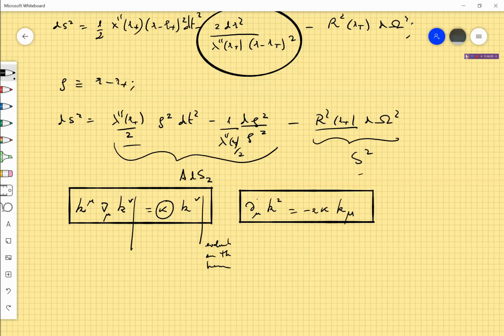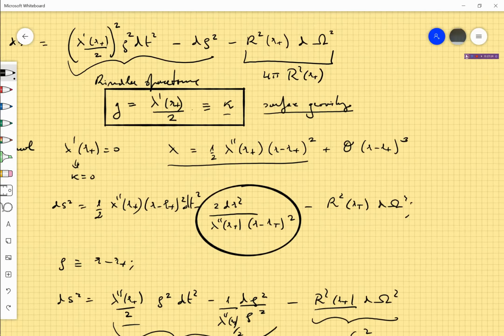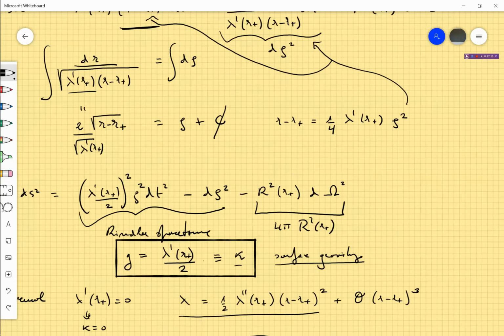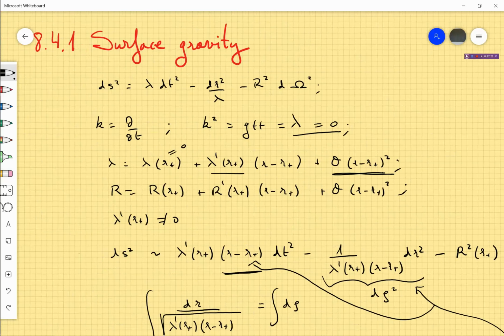Okay, in the case that we are considering k squared is just GTT, but anytime you want to compute things on the horizon, you would like to do it using coordinates which are well defined on the horizon. These coordinates that we are using here are not well defined on the horizon because by definition lambda vanishes on the horizon, and if lambda vanishes, GRR blows up.